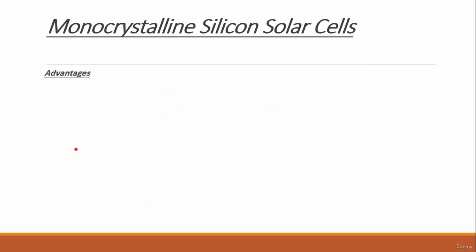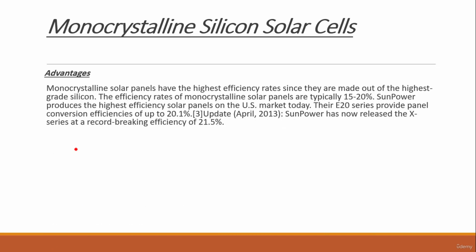So we can summarize the advantages of monocrystalline as follows. First thing, it has the highest efficiency rate among the other solar modules. The efficiency rate of monocrystalline solar panels is typically between 15 to 20%.